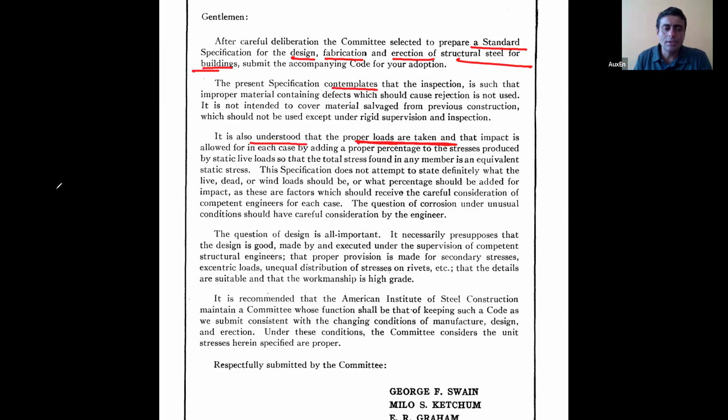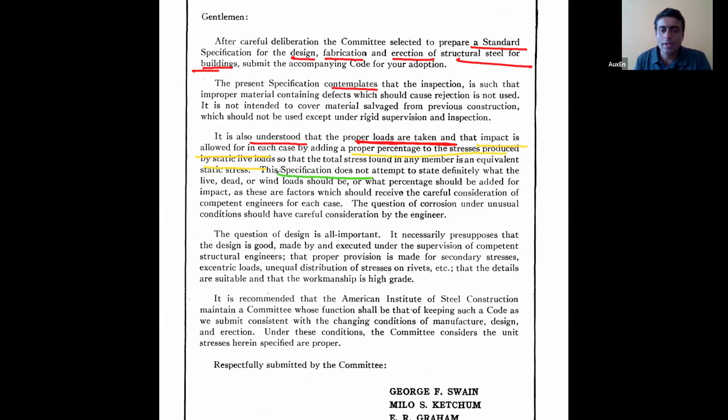It assumes that the structural engineer is well qualified to take proper loads for design, and the impact is also allowed for each case by adding a proper percentage to the stresses produced by static load. Mostly in case of live loads, there might be a possibility of some additional impact due to the dynamic nature of live loads. So it assumes that proper impacts have also been considered.